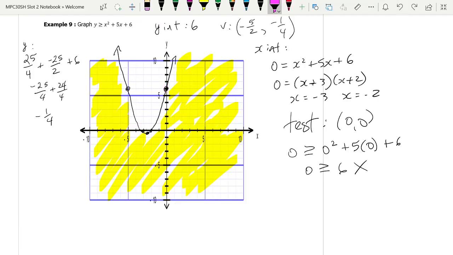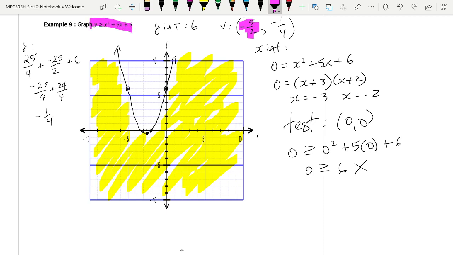Second thing I did was I thought, I should have a vertex if I'm going to make a reasonably accurate graph. And just to mix it up, I used the minus b over 2a trick. So minus 5 over 2 times 1 is negative 5 halves. And then, to get the other coordinate of the vertex, you have to run negative 5 halves through the equation.